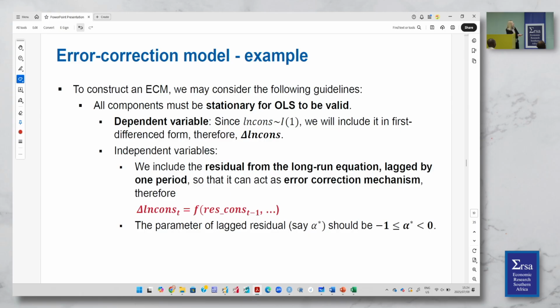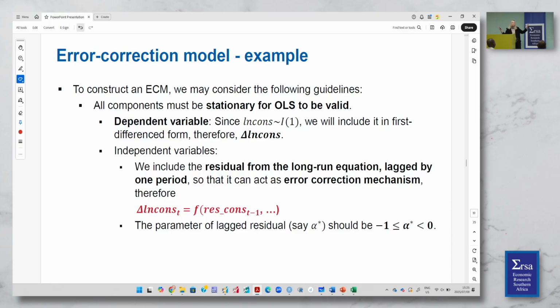Of course, now we know this is already given. It must be differenced. That residual will represent the whole long run. We lag it so that it can act as an error correction mechanism. And this is already like the first ingredient, non-negotiable, that must be there. There are several approaches to do this.